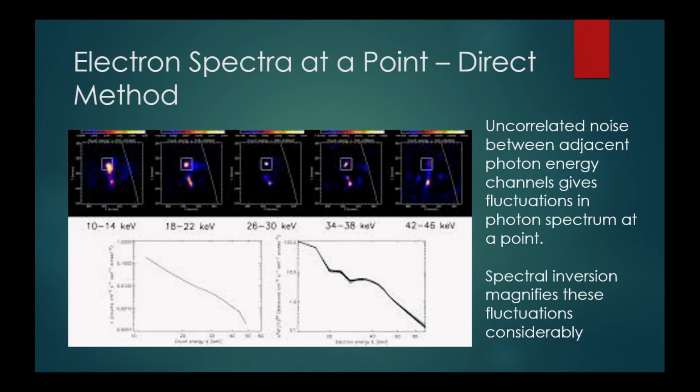There's a tremendous amount of amplification of noise and uncertainty, to the extent that when you actually try to calculate the electron spectrum in that square, you get all these bumps and wiggles, most of which are not real. They are due to uncorrelated photon noise between those different images. And this was a serious problem for a long time.